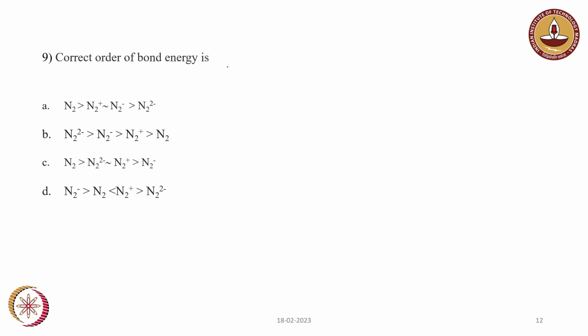So we need to see the molecular orbital diagram and the bond order for all these species: N2, N2 plus, N2 minus and N2 2 minus.